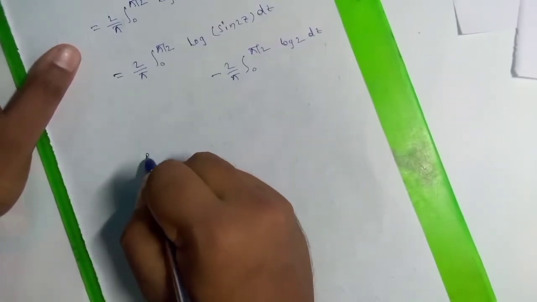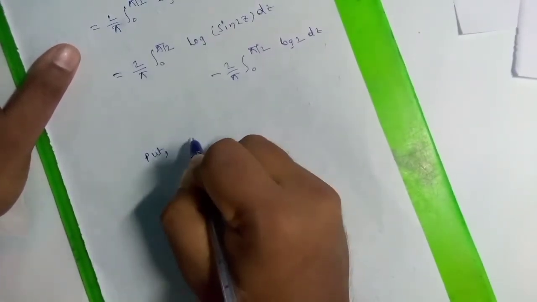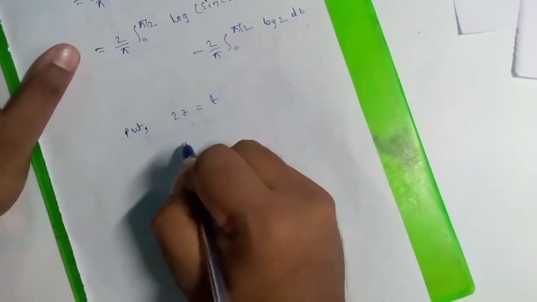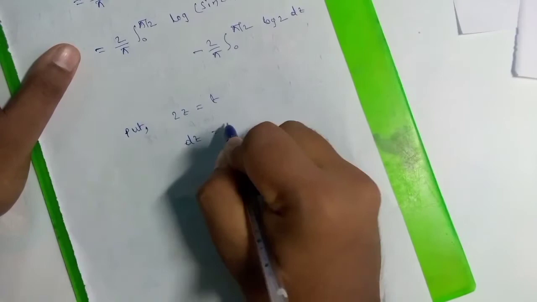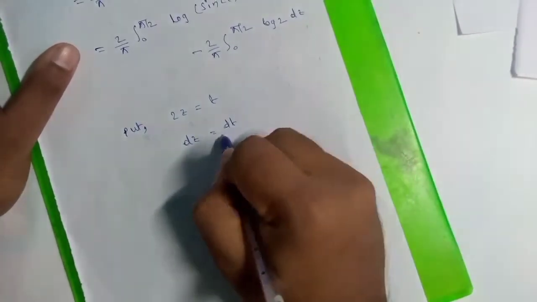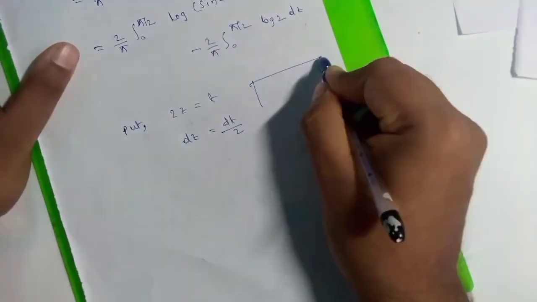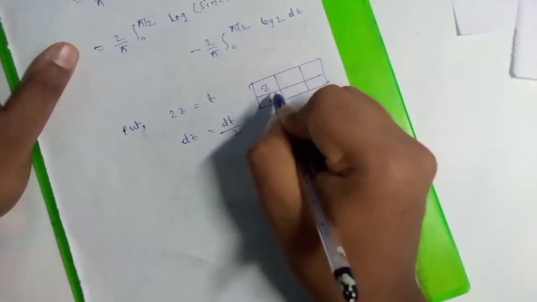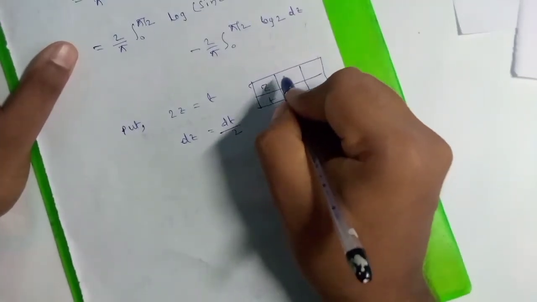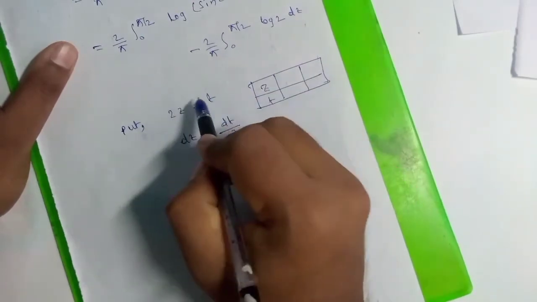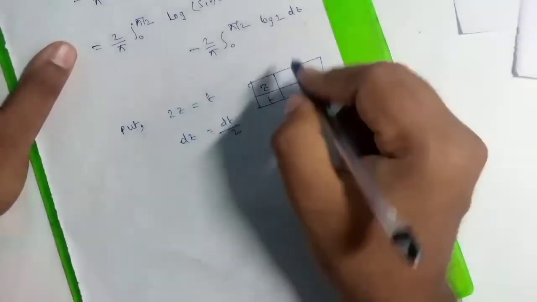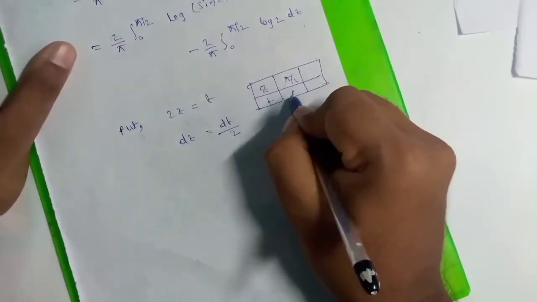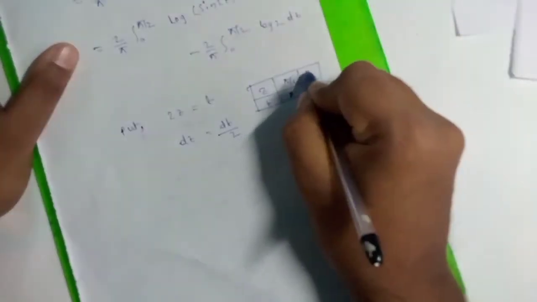If we put 2z is equal to t, then dz is equal to dt by 2, and the limits change: when z is pi by 2, t is pi, and when z is 0, t is 0.